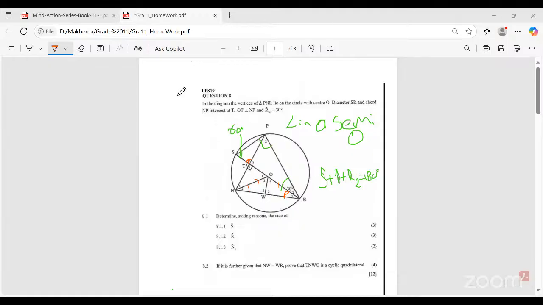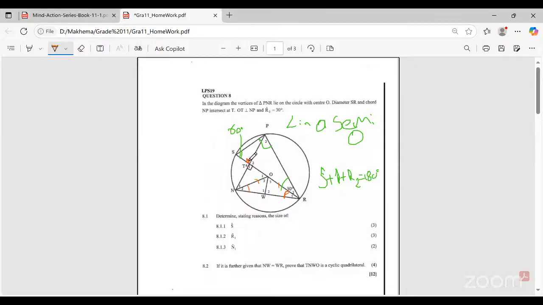Isn't it vertical, the opposite? Vertically opposite angles, then what's the size of angle T3? It's also 90 degrees, reason being vertically opposite angles. Okay, fine, thank you. Ethan, I heard you saying alternate angles.